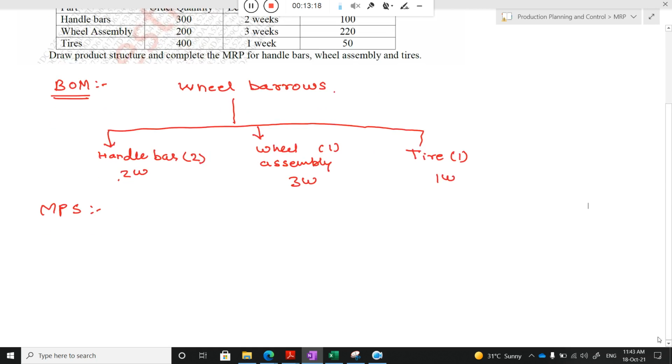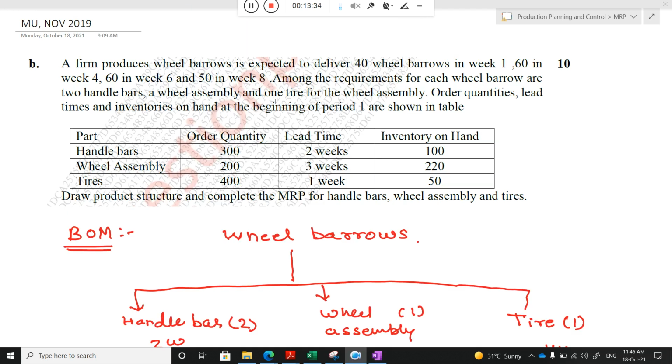So what is the master production schedule? It is actually related to the final product requirement. So now you need to write the MPS for the wheelbarrow. Class, 1 minute, actually. Okay, so I go to the main question and try to see what the actual requirement is in week 1.